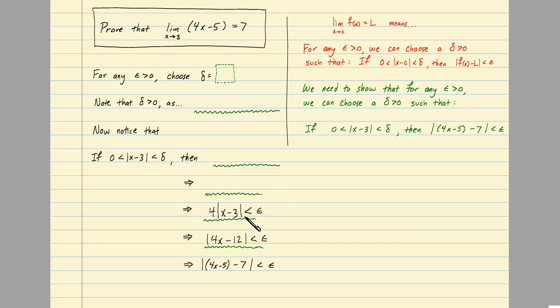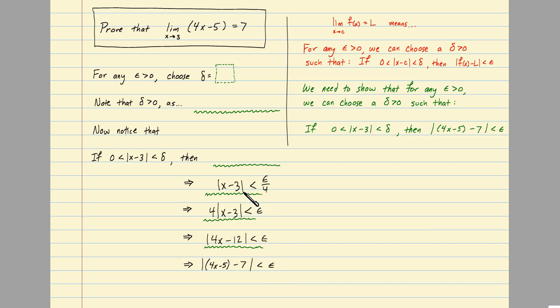What if I divided both sides by 4? I would get an equivalent statement, right? So that if this were true, then this would be true. And then, of course, if this is true, I can distribute the 4 in to the absolute value expression, and I get this. And if this is true, I can split the 12 into the 5 and 7, and finally I get this. Okay?